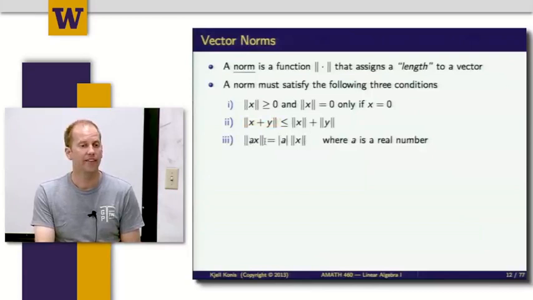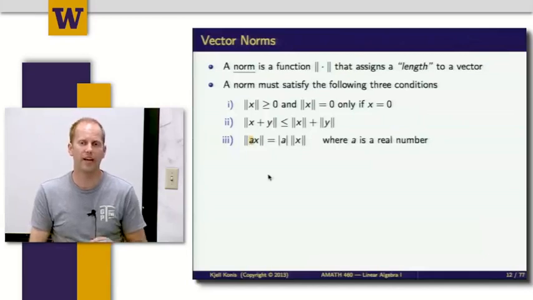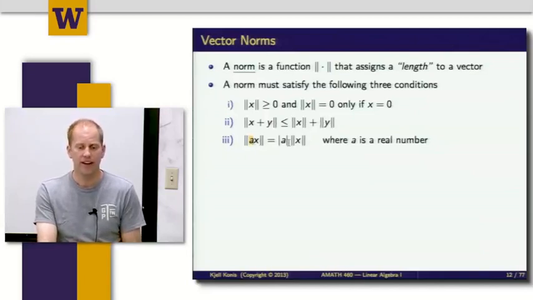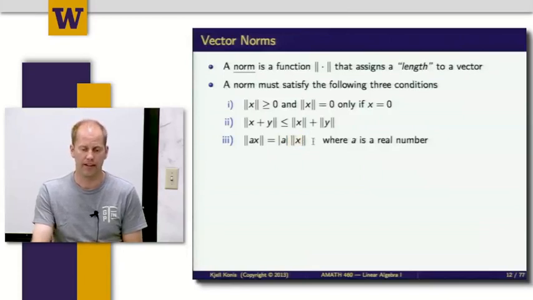And then if I scale a vector by a real number a, remember, if I have a scalar a and I multiply that by a vector, that gives me a new vector that has a times the length of the original vector. That is a condition that the norm is going to enforce. So the norm of a times x has to be equal to the absolute value of a times the same norm of x.